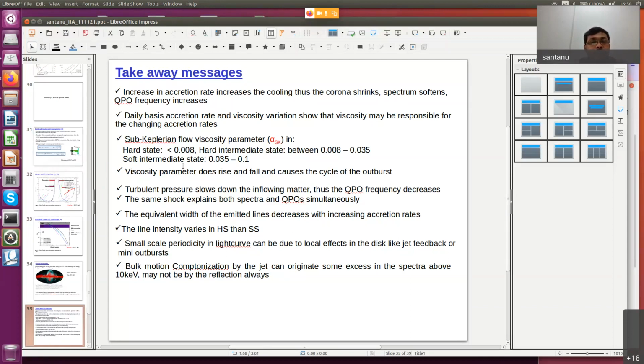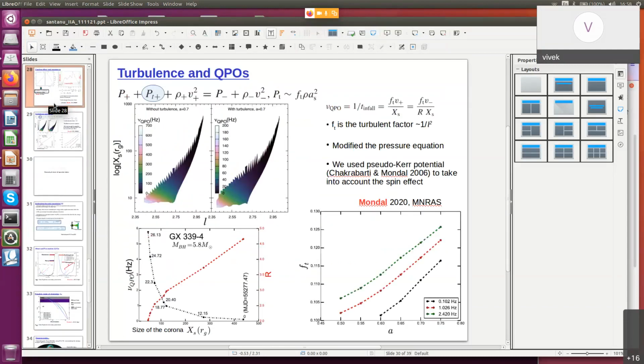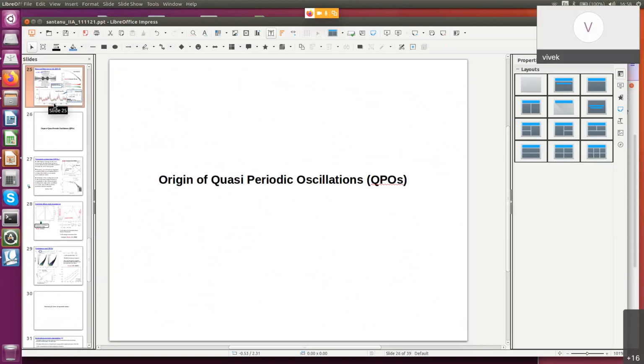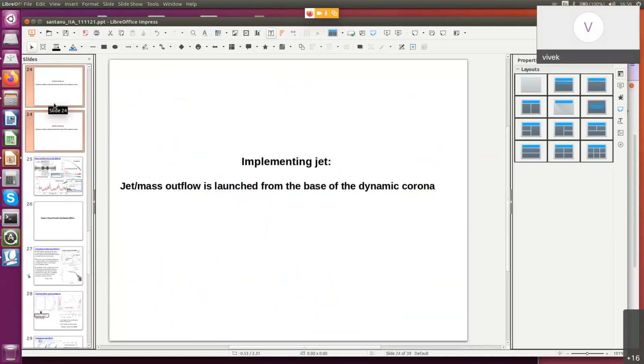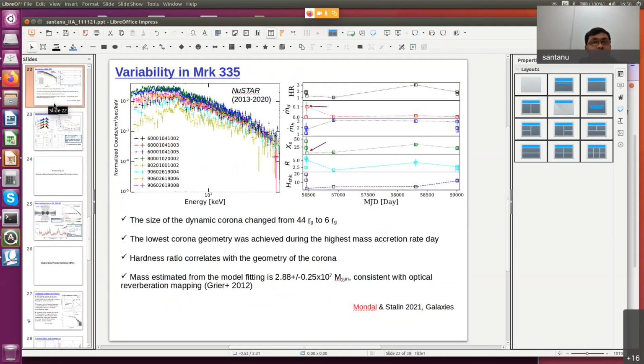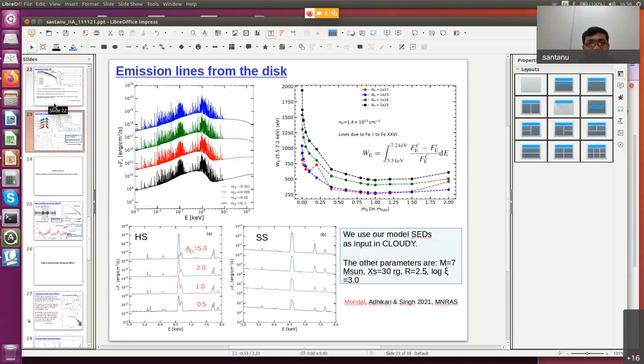The second question is regarding this emission line modeling using Cloudy. Did you work on that for the XRBs, or is it for an AGN? We are trying to do it for AGN. My question is, if you model the emission lines, can you actually deduce what spectral state the AGN is in? Because in the case of AGNs, it is difficult to deduce the spectral state because the time scales involved are very huge, compared to XRBs.